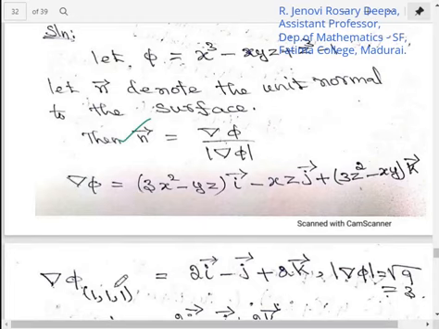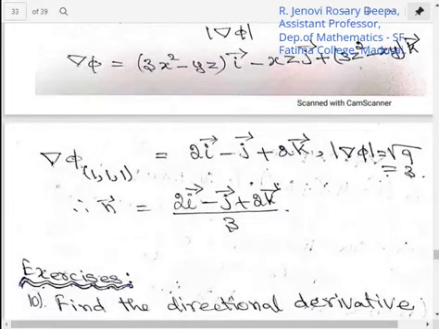Now at the point (1, 1, 1), you find grad phi by substituting x, y, z as 1, 1, 1. You get 2i vector minus j vector plus 2k vector. This is grad phi at the point (1, 1, 1). Now the modulus of grad phi is the root of 2 squared plus 1 squared plus 2 squared, which is root 9, that is 3. Therefore, the unit vector n is equal to 2i minus j plus 2k divided by 3.